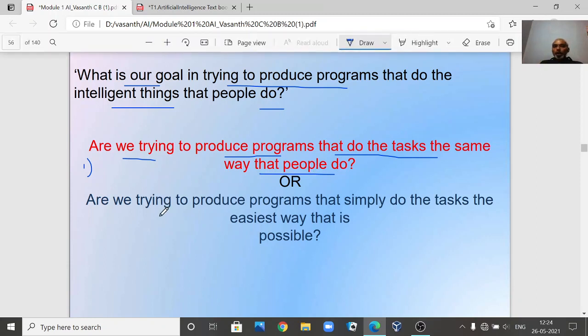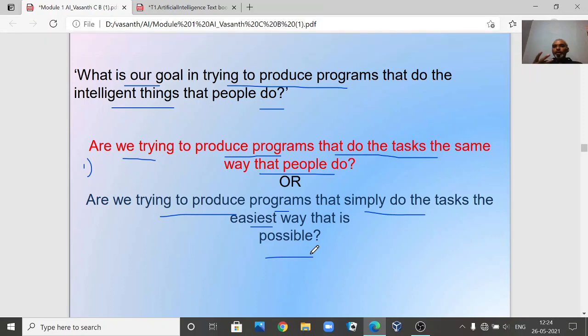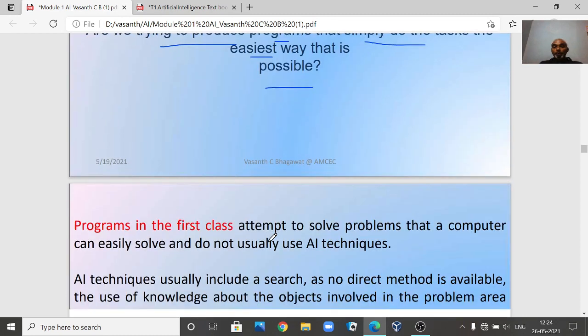Or are we trying to produce programs that simply do the task in the easiest way possible, with no need of applying any AI? Do you really want to apply artificial intelligence, or model a system which does the task better than what people are doing, or do you just want to do the task in a simple way, which is possible? This is what we want to understand.